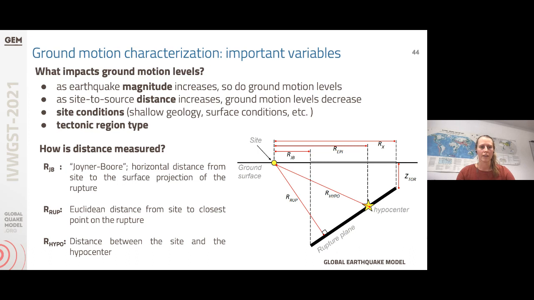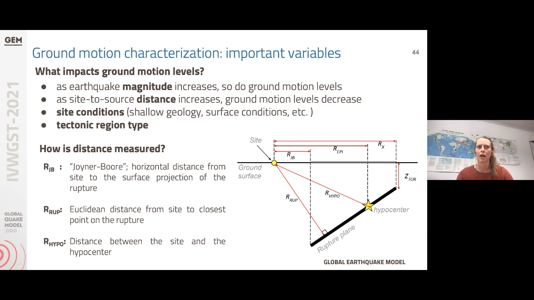So distance can be measured a number of different ways depending on how the ground motion model has defined distance. And the figure to the bottom right is showing a number of different metrics that are common in ground motion models. So the thick black line is indicating a rupture plane, which has been projected to the surface with the light gray line.